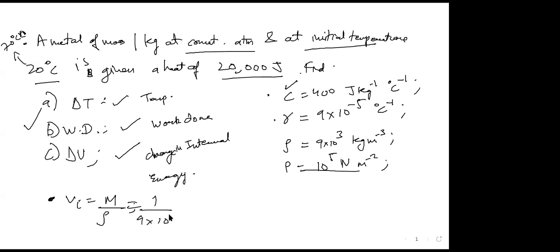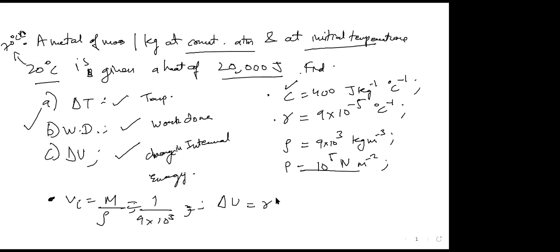So, yeah, 1 by 9,000. Okay, तो change in volume कितना है? Change in volume 5 times 10 to the power minus 7. How do you calculate that?